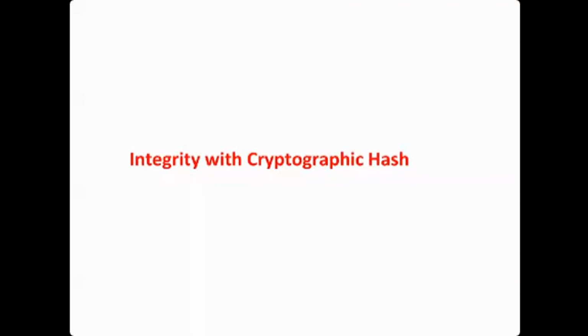Okay, so what do you think? Do cryptographic hashes give you integrity? Anyone? Does any function provide integrity? When Alice and Bob are communicating using cryptographic hash, can we say that the message Bob receives is whatever Alice has sent, and Mallory cannot change it? Alice is sending a message M to Bob.